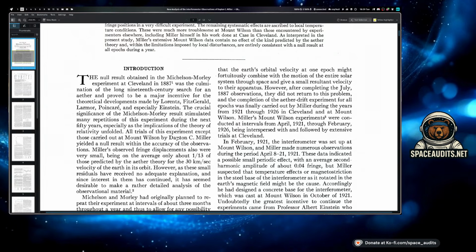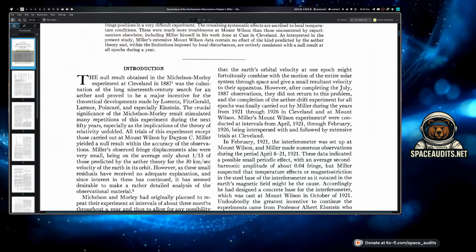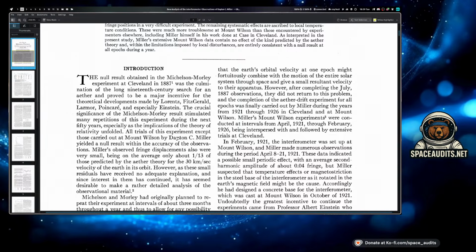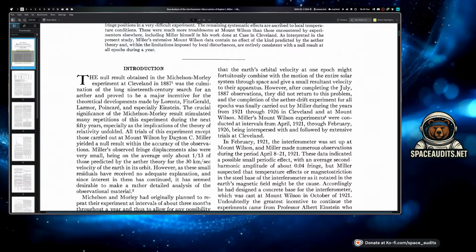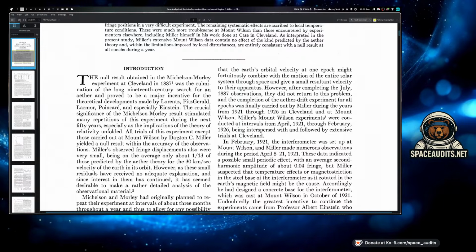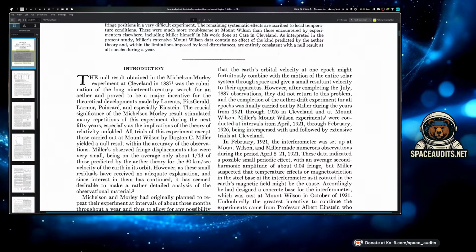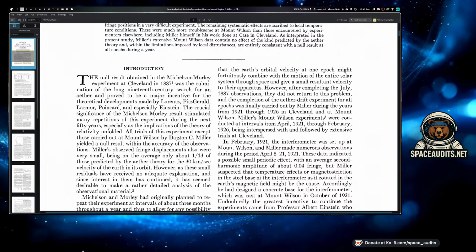However, after completing the July observations in 1887, they did not return to this problem. The ether drift experiment for all the epochs was finally carried out by Miller during the years 1921 through 1926 in Cleveland and at Mount Wilson.